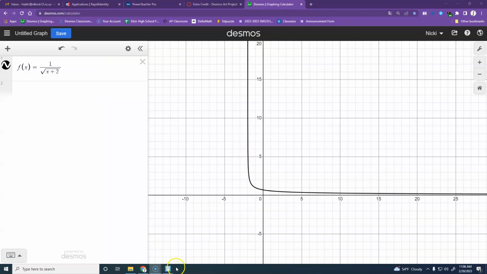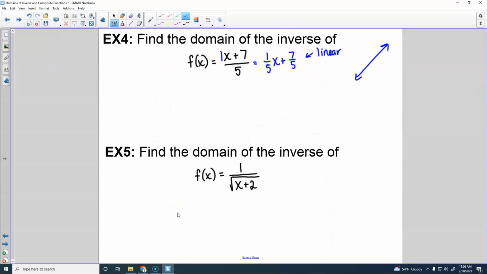Okay, let's look at these. The first one should be pretty easy because what is the domain of a linear function? It is negative infinity to positive infinity. And what is the range of a linear function?